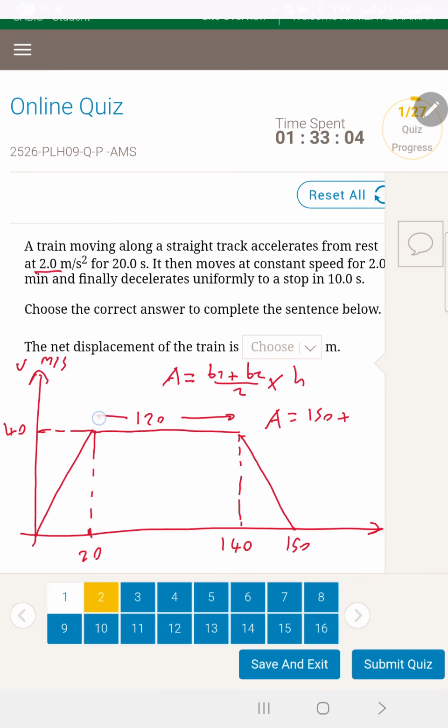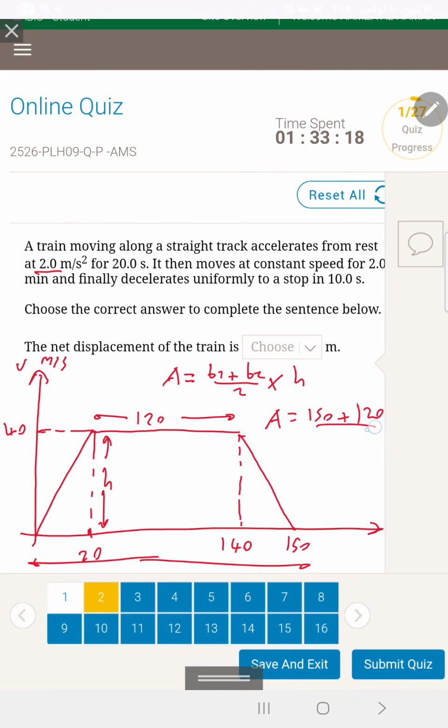That's base 2, that's base 1. And this is the height from here to here. The height is the distance between the two parallel bases. So 150 plus 120 divided by 2 times 40. That's what you have to do.